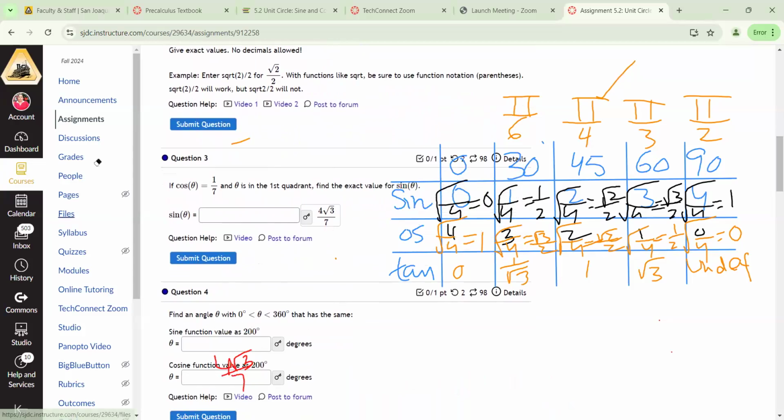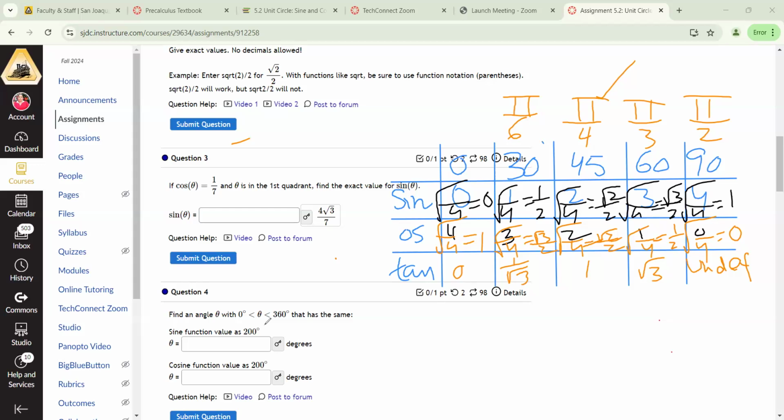We have question number 4. Question number 4 is saying, find an angle theta with theta between 0 and 360 that has the same sine value as 200 degrees, and the same cosine function value as 200 degrees.